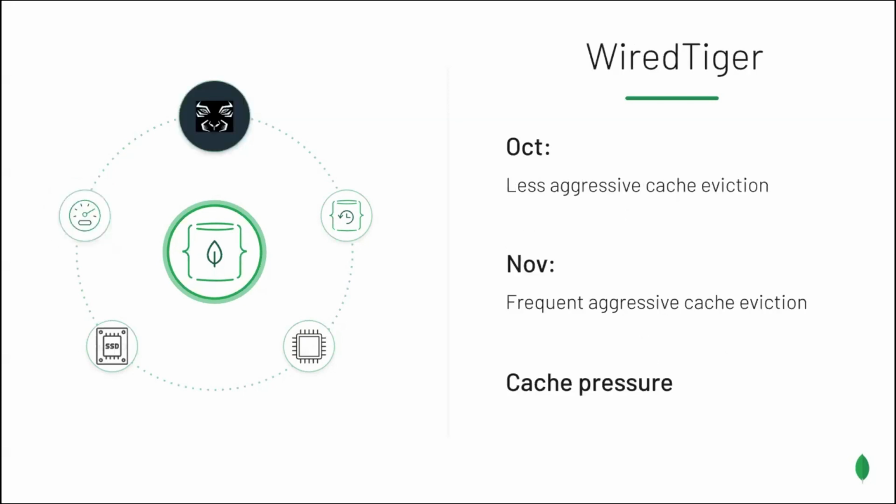Another thing to note here is the higher WiredTiger cache pressure, with more frequent aggressive cache eviction in November. Quick run-through of how the WiredTiger cache works. MongoDB fetches data from disk if the required data is not currently in cache. The data is fetched from disk to the file system cache first, and then into the WiredTiger cache.